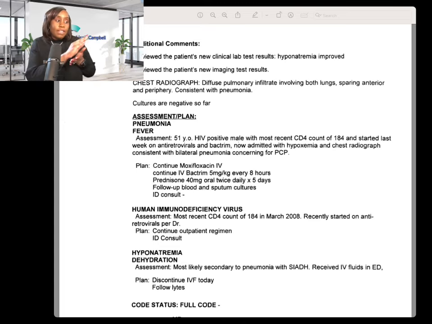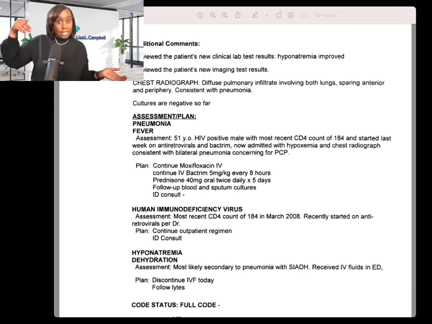It gives me the tests that the providers are going to use to evaluate that condition. It tells me about prognosis. It tells me about surgical options and different interventions. It helps me as the non-physician understand the condition. So when I'm reading it in the medical record, number one, I know if a sign or symptom is integral to the disease process and not separately coded.